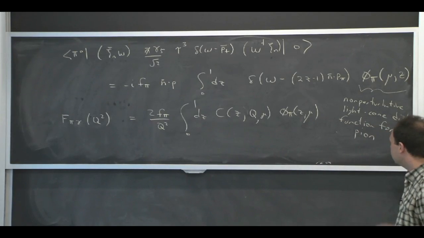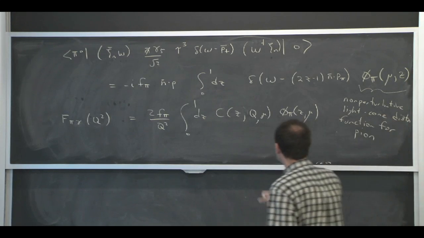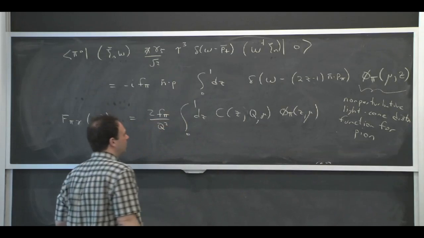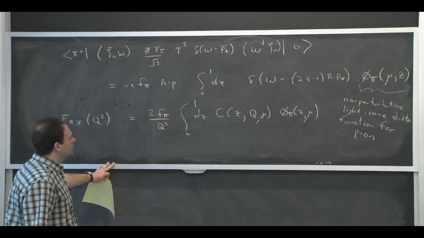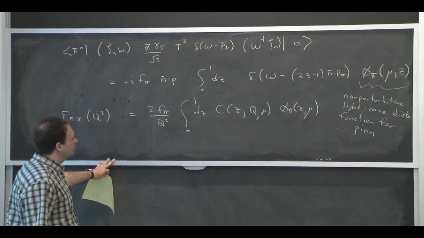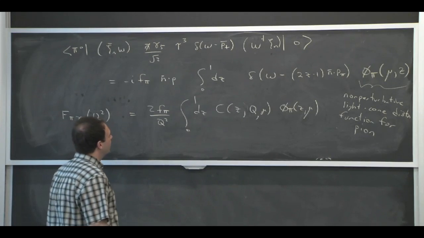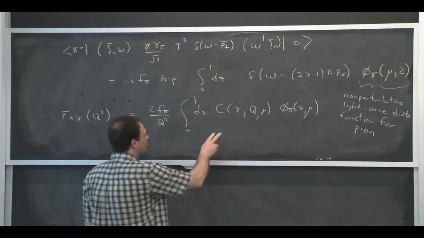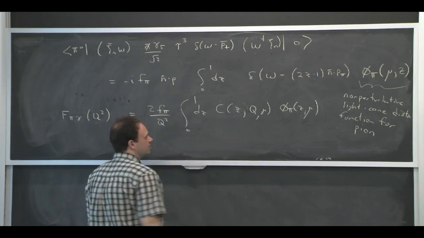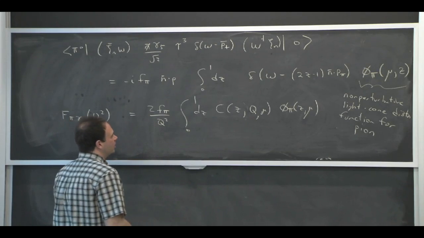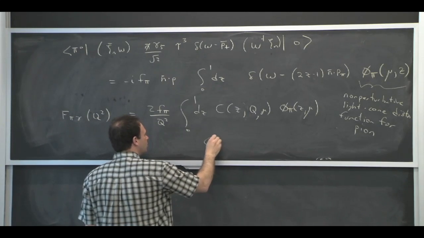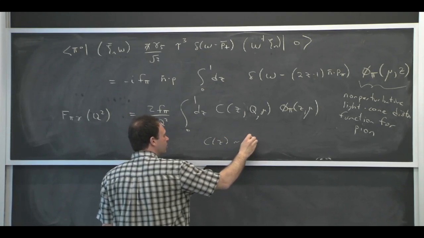One thing that happens here has to do with this integral over z, which is in some sense an unsolved problem in SCET, so I have to mention it. When you do this integral, you could ask, what does this c of z look like? It turns out that c of z will have in it terms that go like 1 over z.